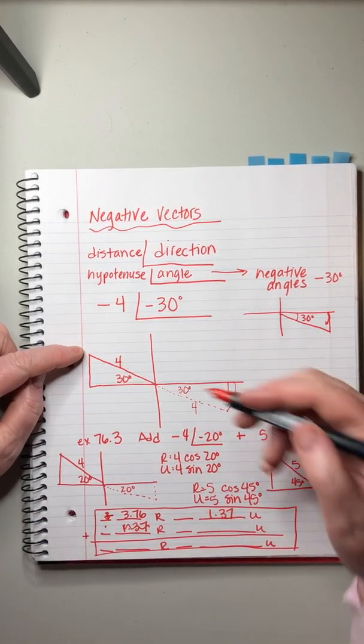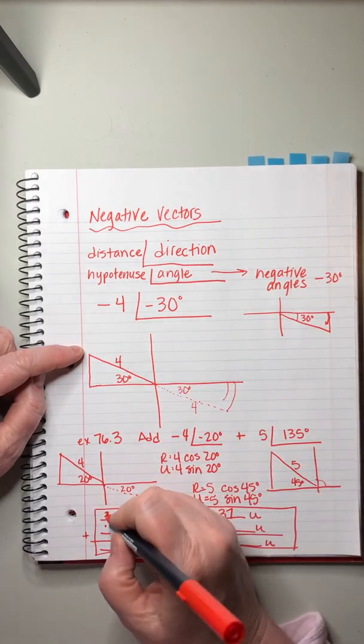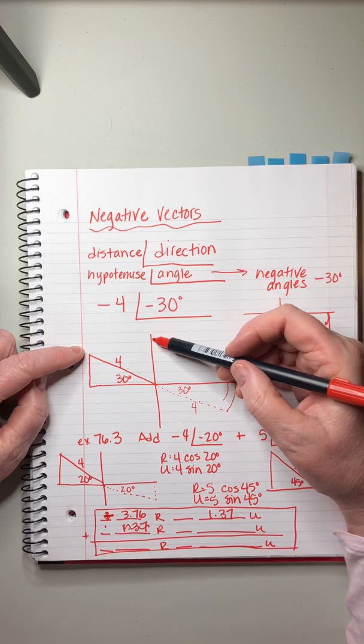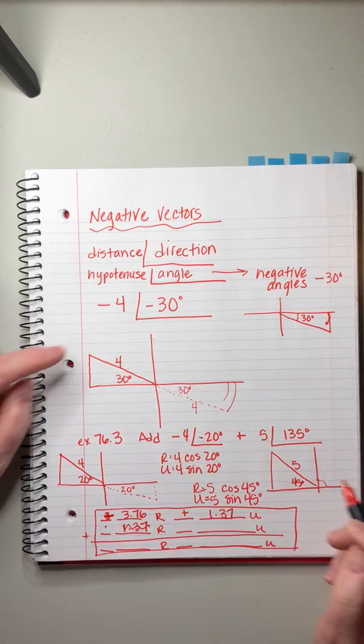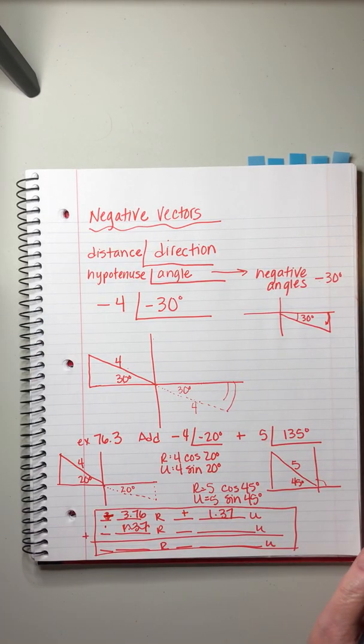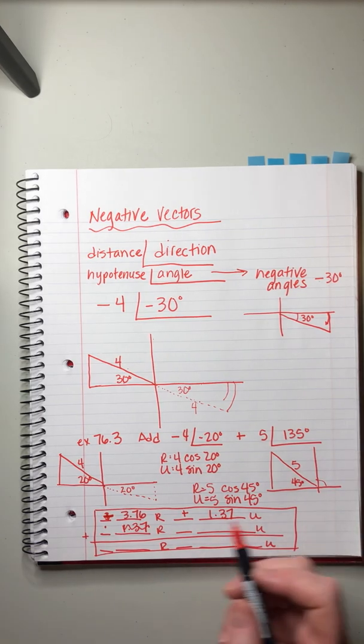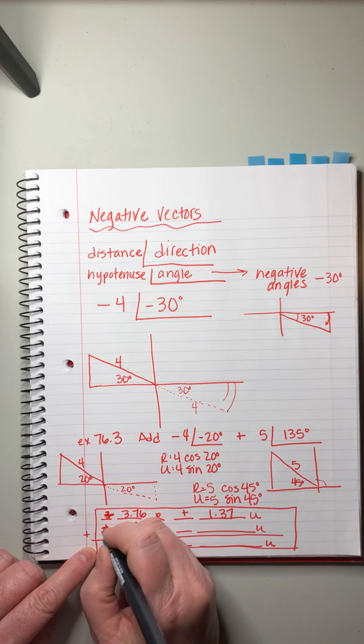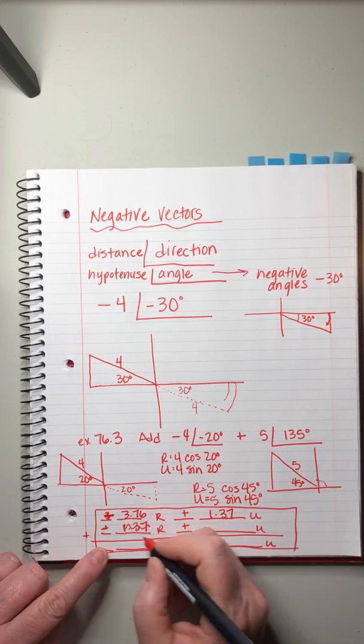Okay, this point is going to be a negative right and a positive up. And this one is also going to be negative for the right and positive for the up.